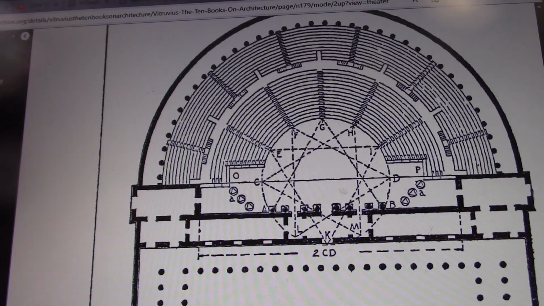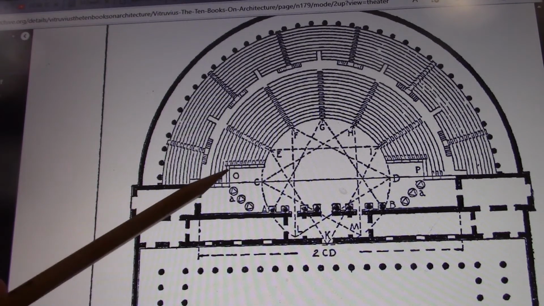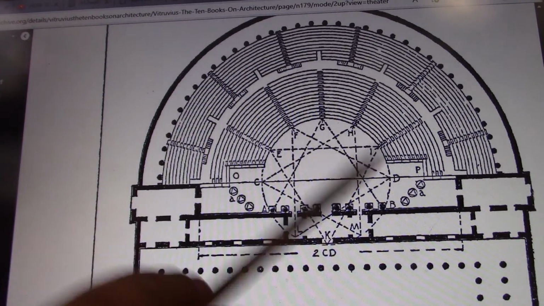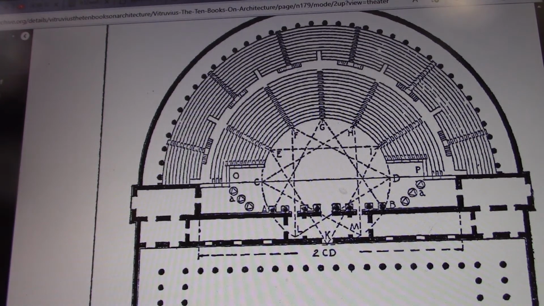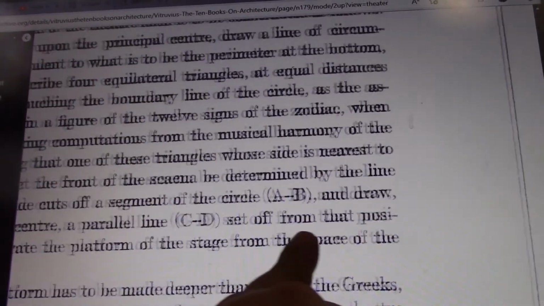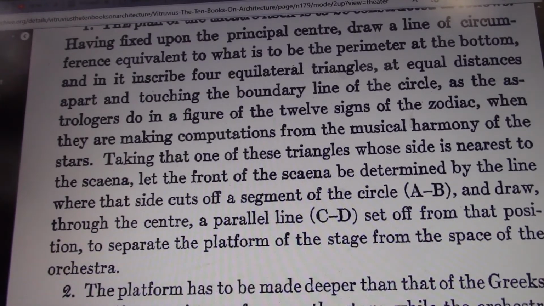We're going to get off topic just a little bit, but we're going to use the same diagram. So now that we know that these angles represent sound distribution, what else can we use these buildings for? Well, luckily for us, Vitruvius does give us a clue. And actually, on the page previous, we just kind of got lucky, so we can just scooch this over a little bit.